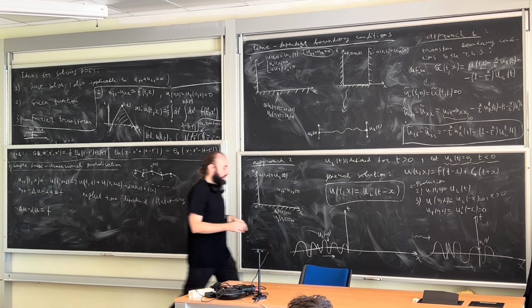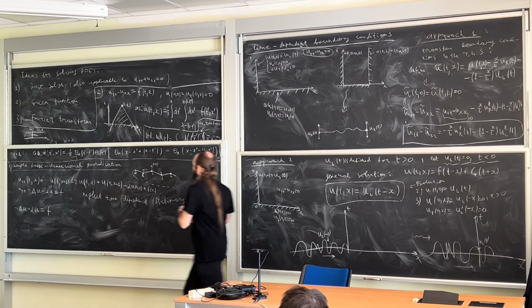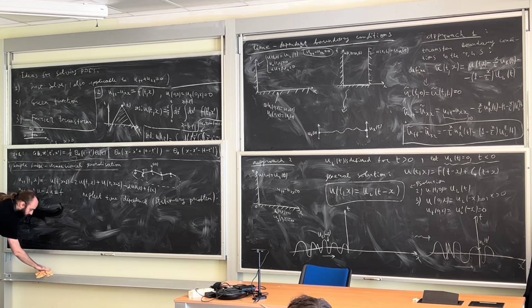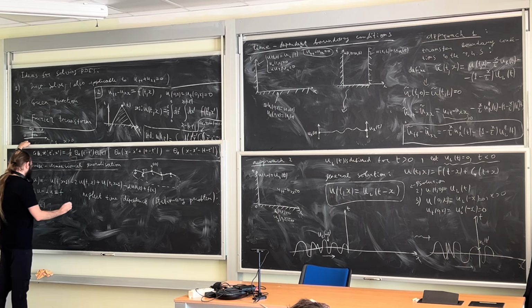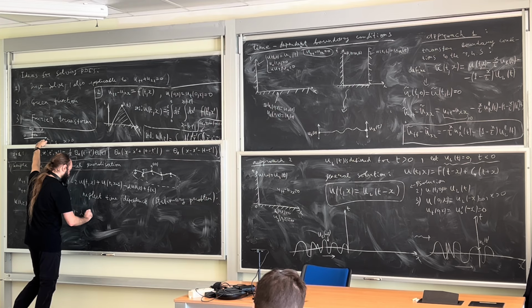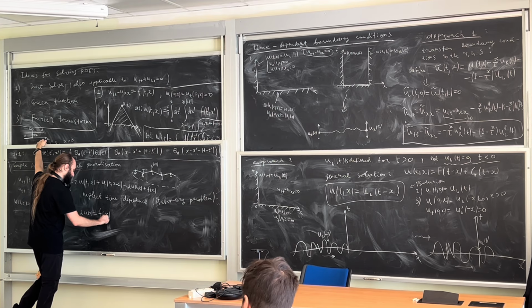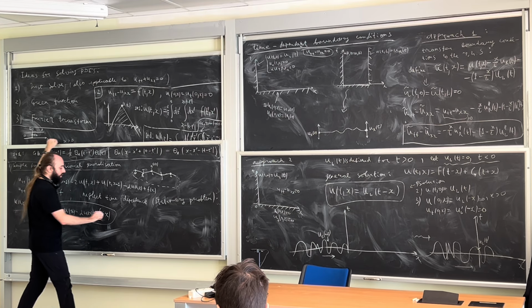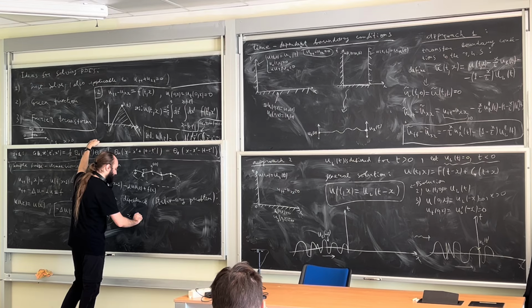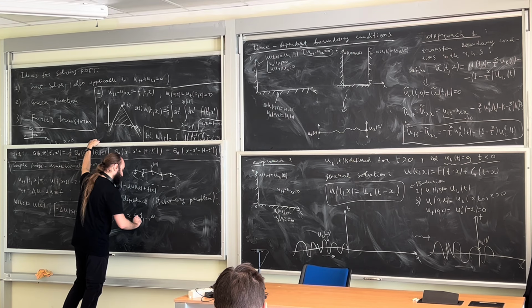So let me first say that u of t and x equals simply u of x, and our original equation has the form minus Laplacian of u of x minus alpha u of x equals f of x, when x is from 1 to n.